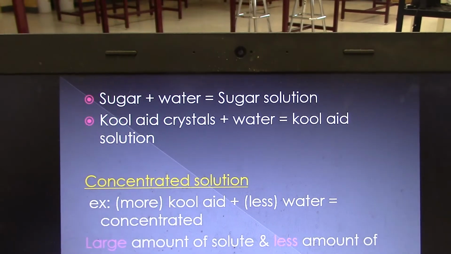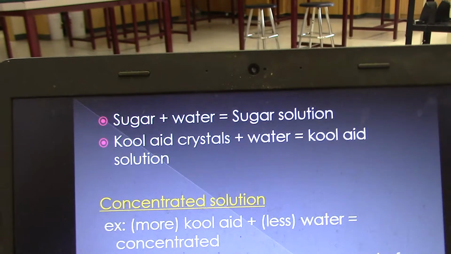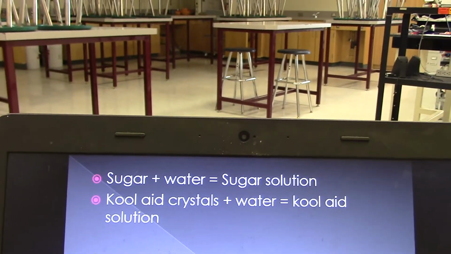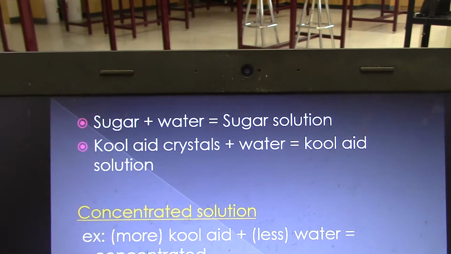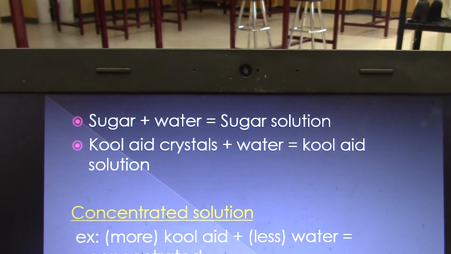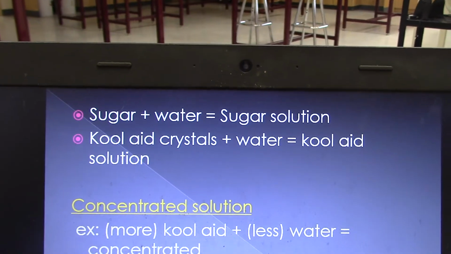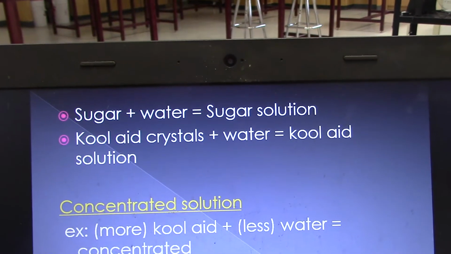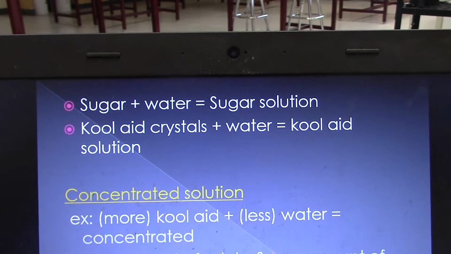The Kool-Aid crystals would be the solute, and the water would be the solvent. I could change the concentration of that. If I add more Kool-Aid to make it taste more sugary, that would be a more concentrated solution. And if I were to add less, and it would taste more like the water, that would be dilute. There would be less solute in the solvent.